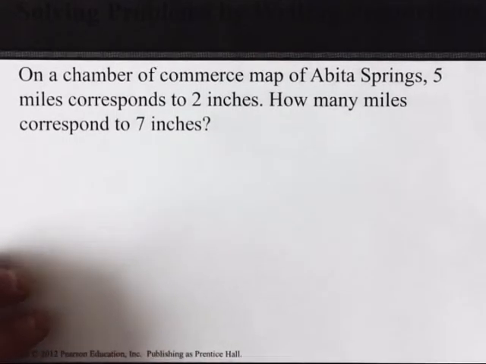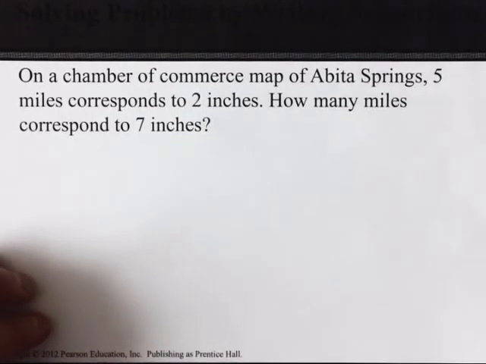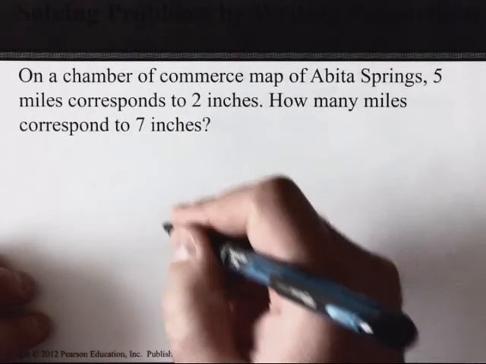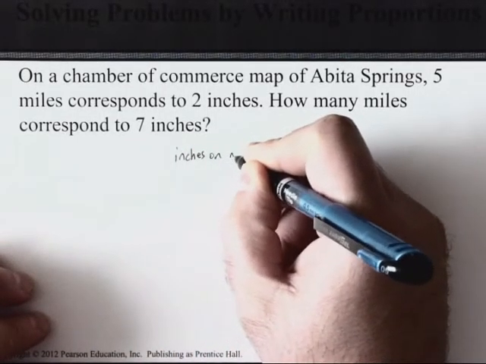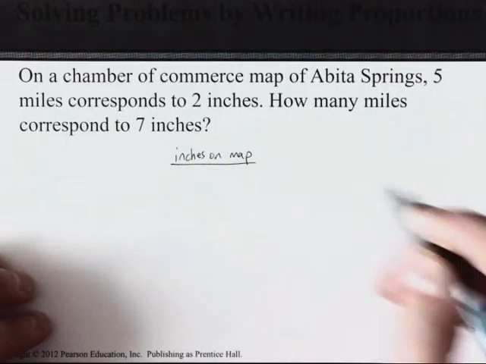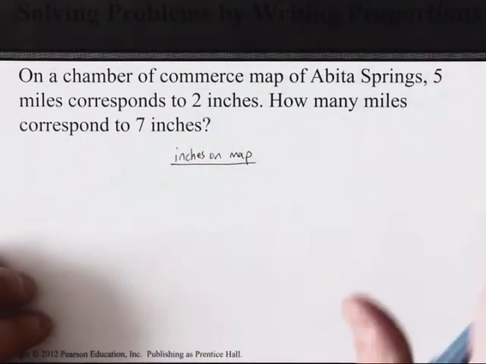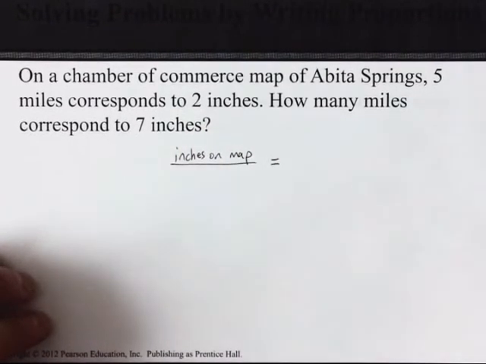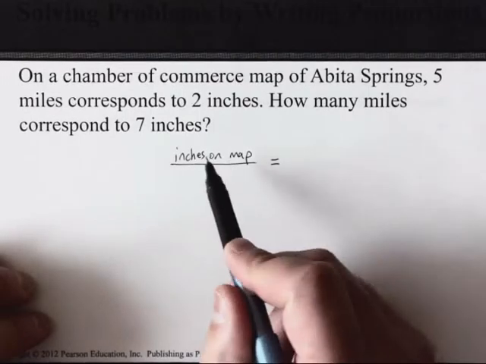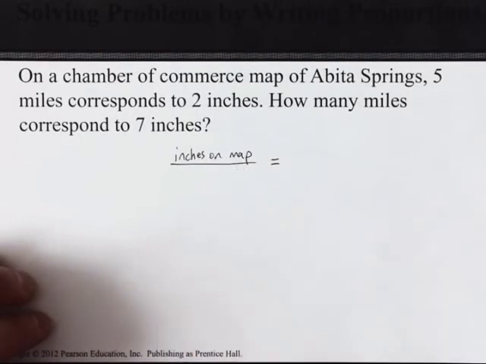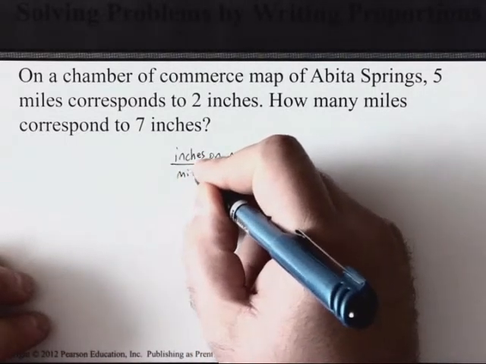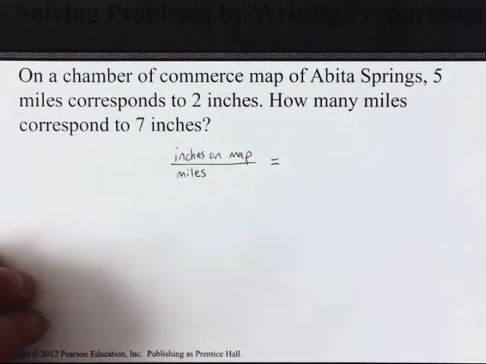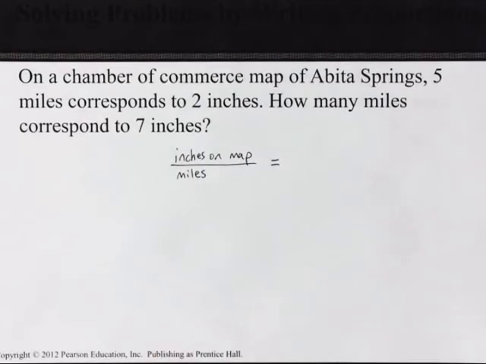So we can certainly set up a proportion here. One thing to keep in mind is that we want to make sure that our proportions are consistent on both sides. So we're going to write two ratios, and it's going to have inches on the map as the numerator, and then miles as our denominator.